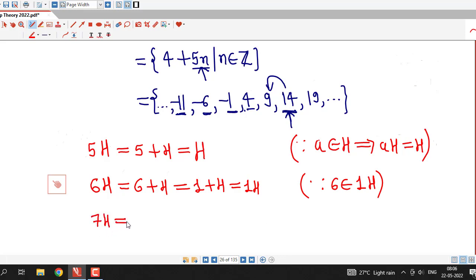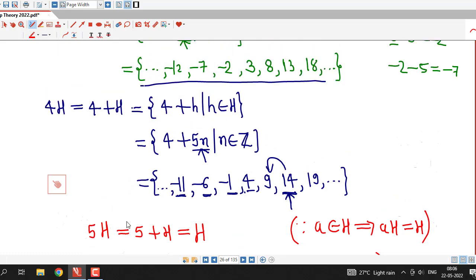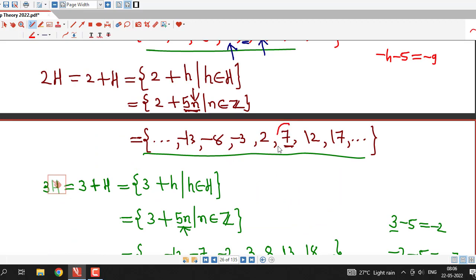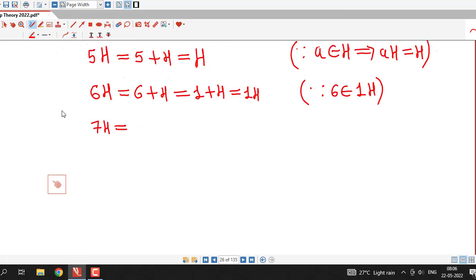Similarly, we can find 7 in any of these left cosets. So we observe that 7 is present in the left coset corresponding to 2. So that is going to be 2h, because 7 is present in the left coset corresponding to 2.